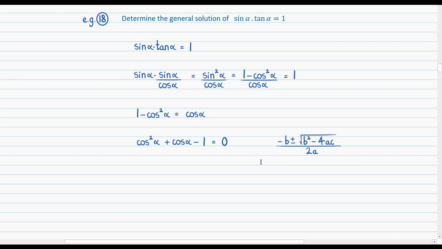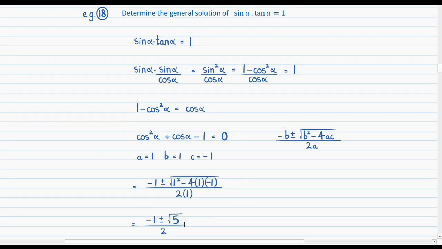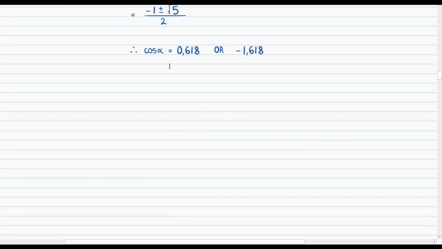And the next step, if you remember from the polynomials video, is write out the values for a, b, and c, which in this case would be 1, 1, and negative 1. Then simply sub them into the equation, which when you simplify comes to minus 1 plus or minus square root of 5 over 2, which gives the answers to the quadratic equation as cos alpha is equal to 0,618 or minus 1,618.